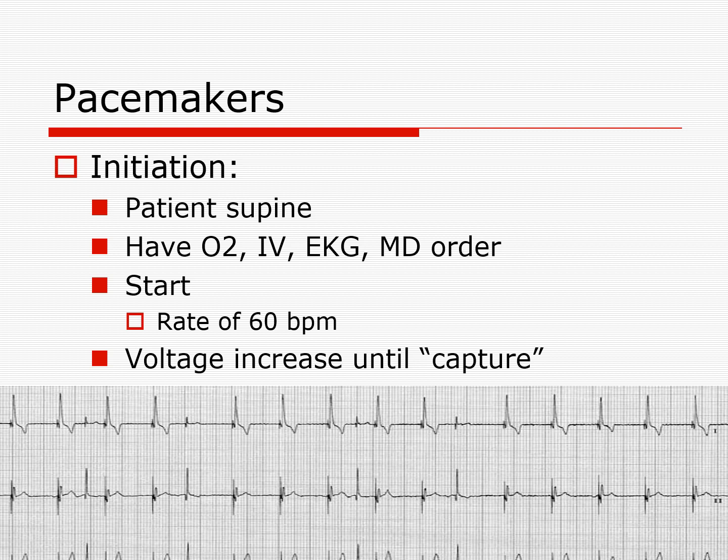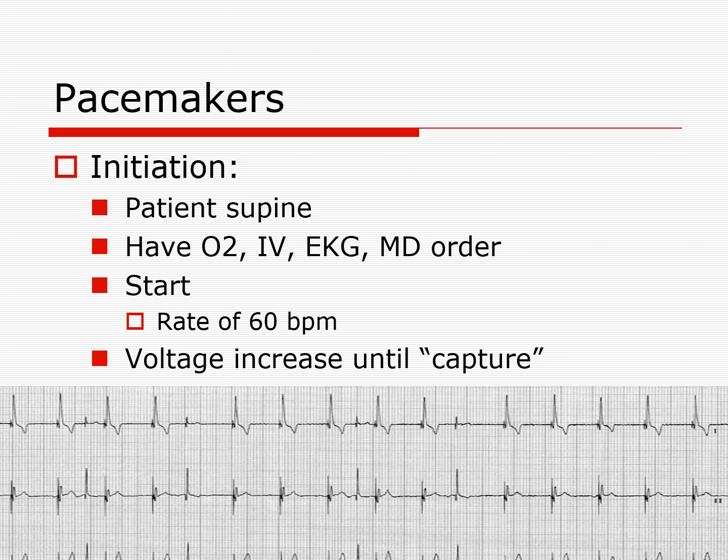I think I did have a video on this. Let me see if I have a link on this page. I don't think I have a link. You can YouTube it and see what they're talking about with voltage increase until you capture the patient.